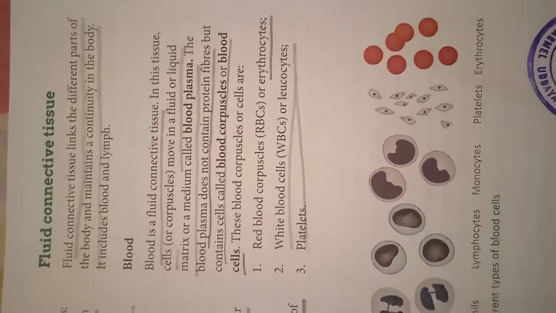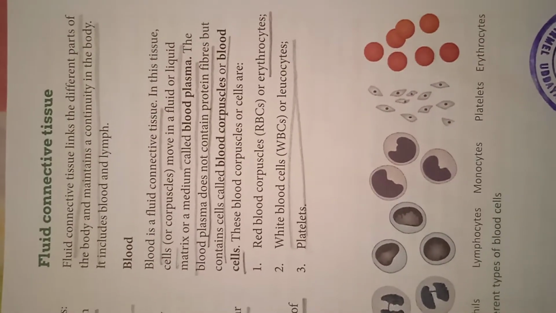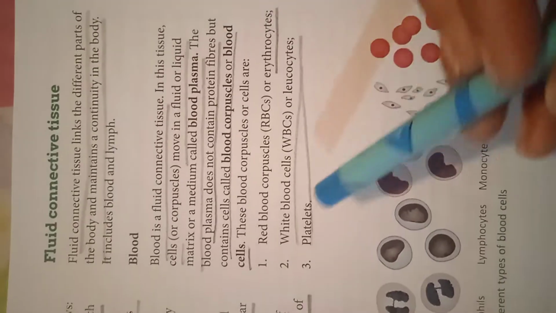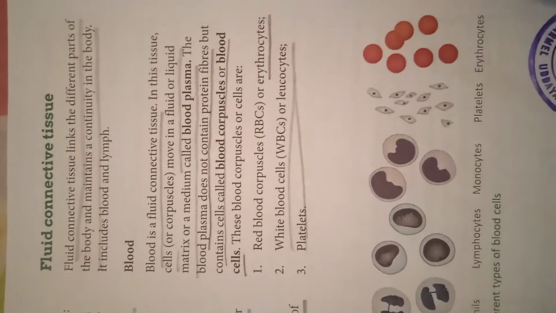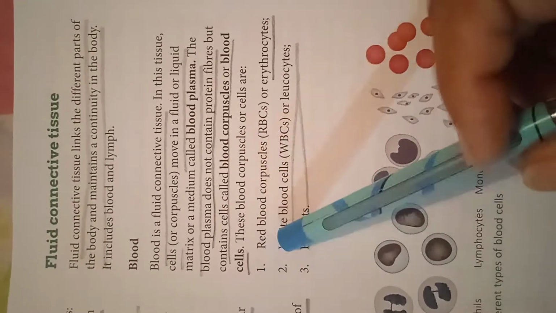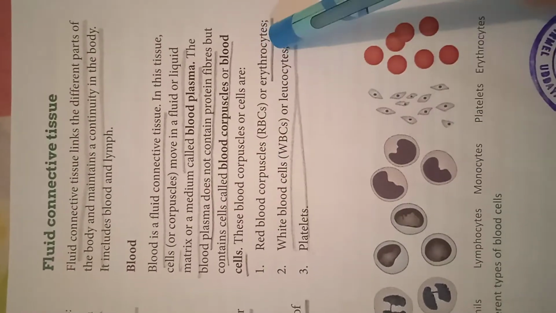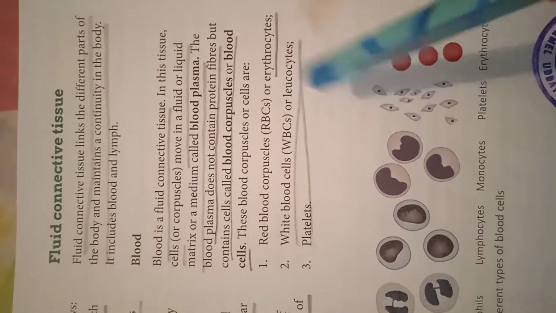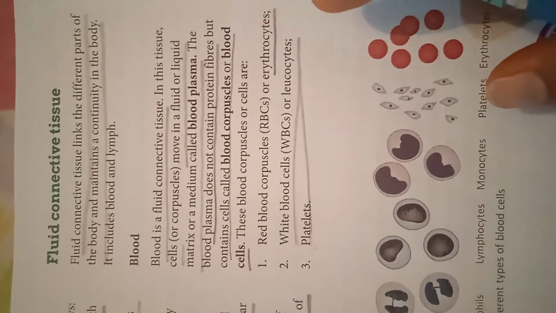This blood plasma contains the blood cells or blood corpuscles. There are three types: red blood corpuscles or erythrocytes, white blood cells or leukocytes, and platelets.